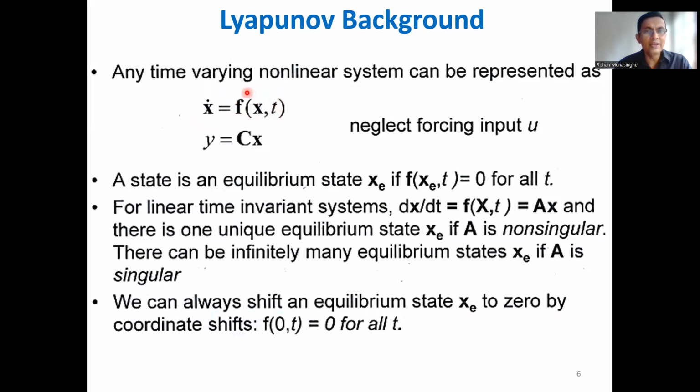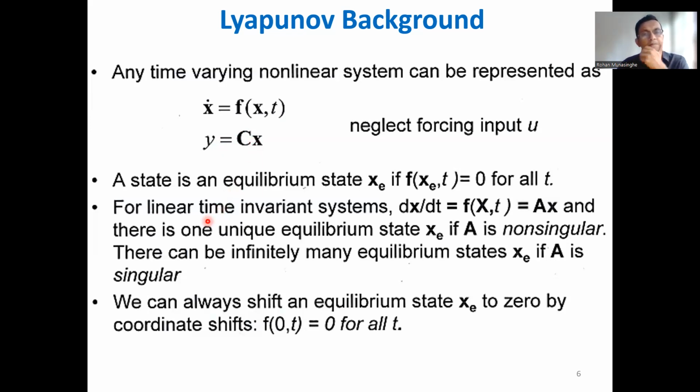We just symbolically write a function of state and t, since it has to represent all nonlinear plants out there. The output of the plant is a combination of state variables, maybe one, maybe two, maybe all of them, so we put a C matrix as the output matrix to pick up the respective state variables as outputs.